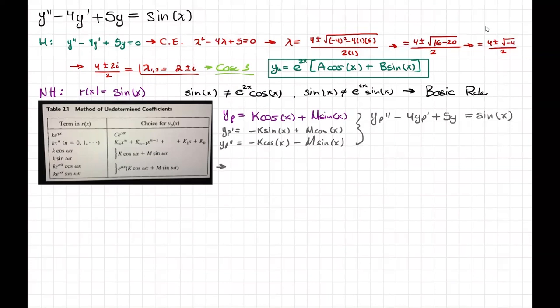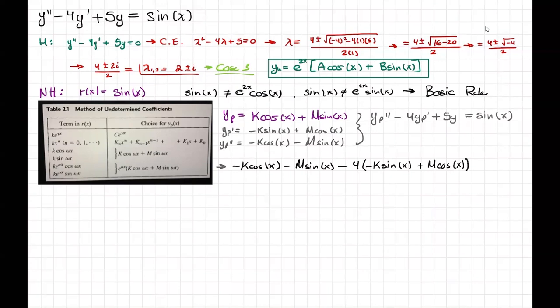So writing everything together here, we're going to have negative k cosine of x minus m sine of x minus 4 times negative k sine of x plus m cosine of x.